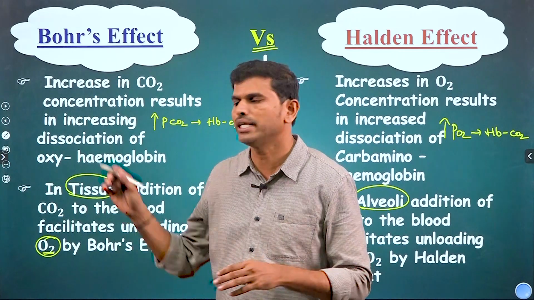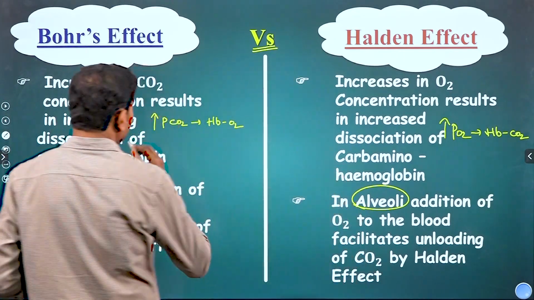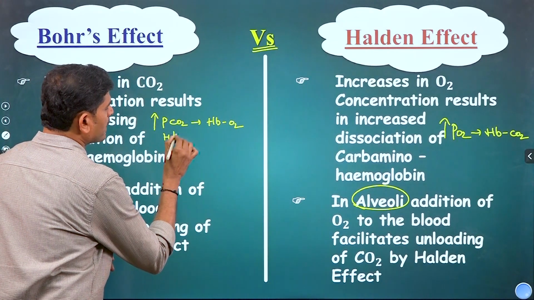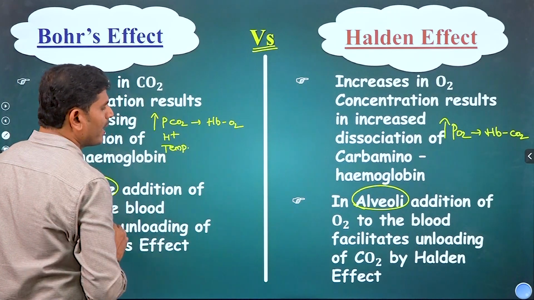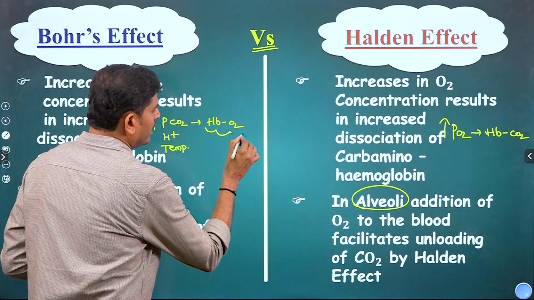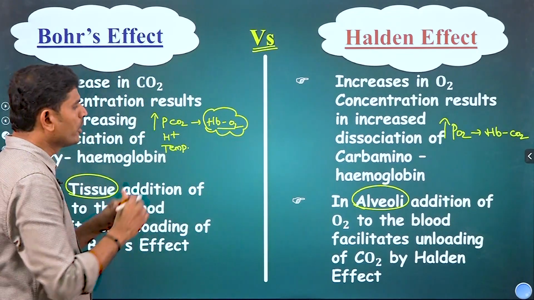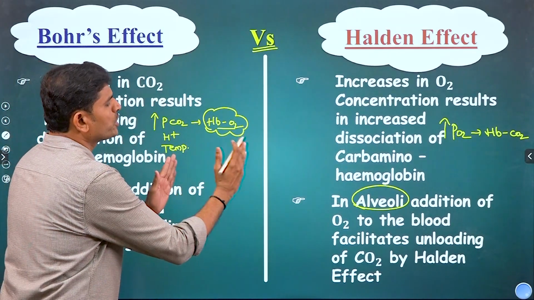Very simple thing. Bohr's effect states the effect of PCO2, H plus ions and temperature on dissociation of HbO2. If these factors are increased, HbO2 is going to dissociate.